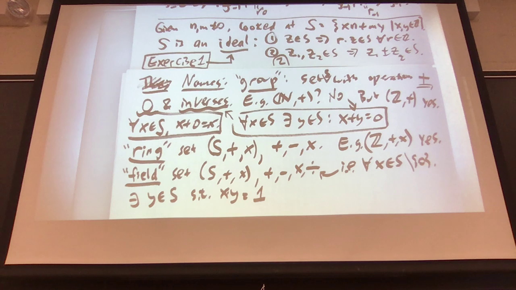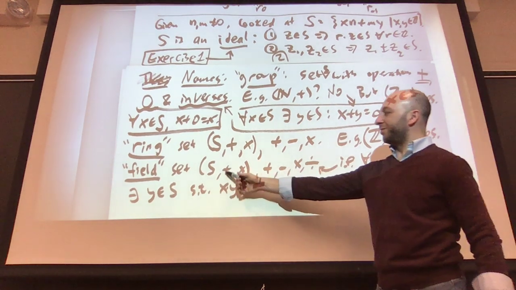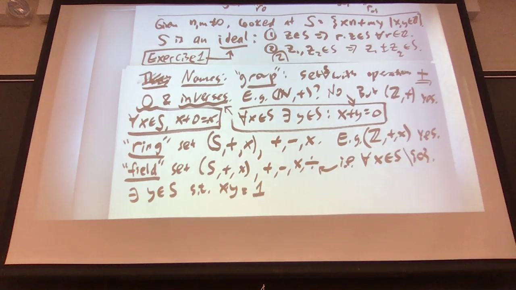Okay? That's what it means to be a field. And these things should be commutative, and they should be associative, and there are all kinds of other rules that I'm suppressing. But the key characteristics are exactly these.